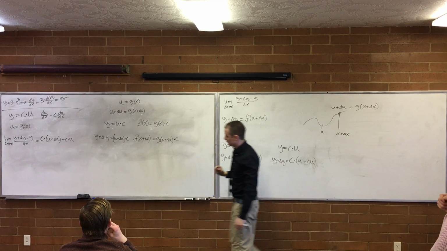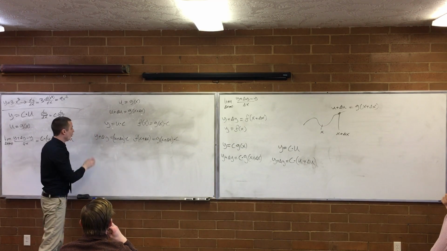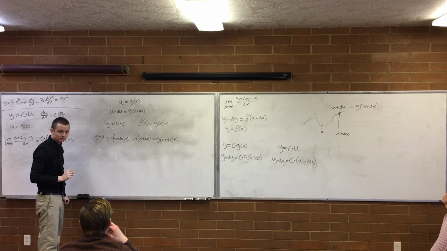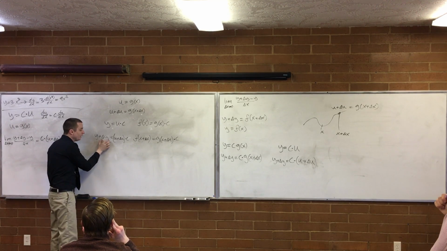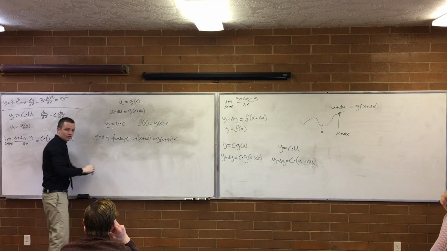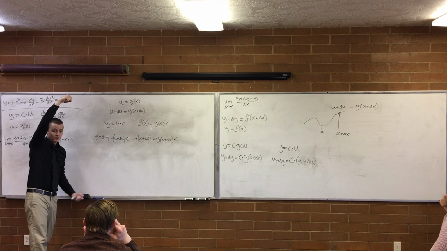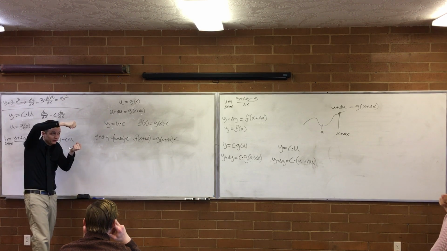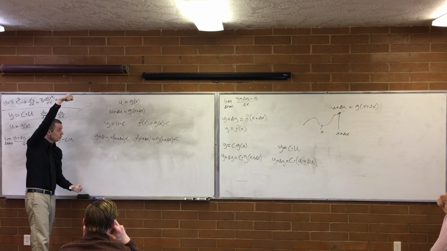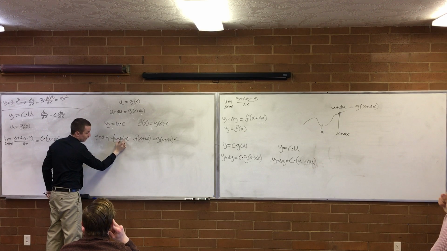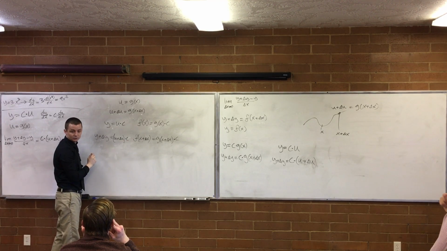Here's another way to think about it. Y is just u times a constant, right? So if y changes, it's like scaling it up. Before, you had delta u, you only changed by this much. If you multiply the whole thing by c, delta u just gets a whole lot bigger. So delta y is going to be delta u times that constant.